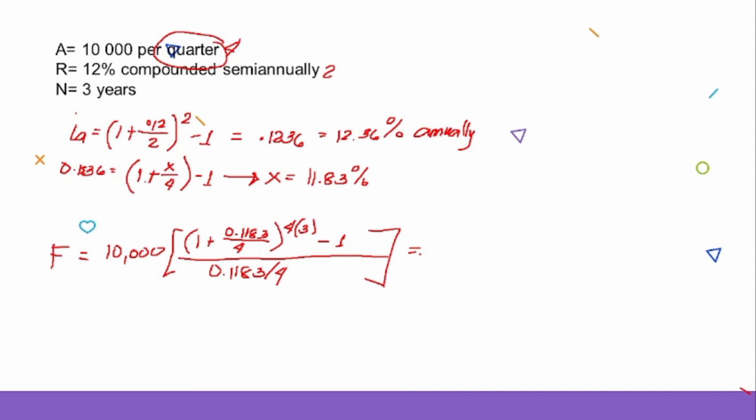So this will be 141,578. So that is how we calculate.